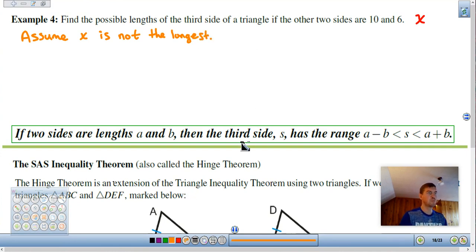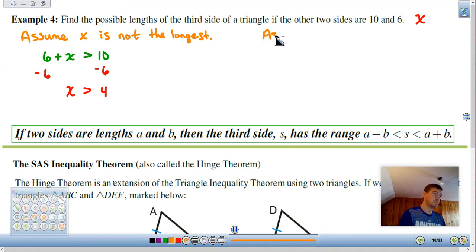If we assume X is not the longest, it means that it's one of the 2 shorter sides. And so we would take the 2 shorter sides, 6 and X, add them together, and it has to be bigger than 10 if it's going to form a triangle. So we solve this inequality by subtracting 6 from both sides, and we find out that in order for this to work, x, or my missing side, would have to be greater than 4.